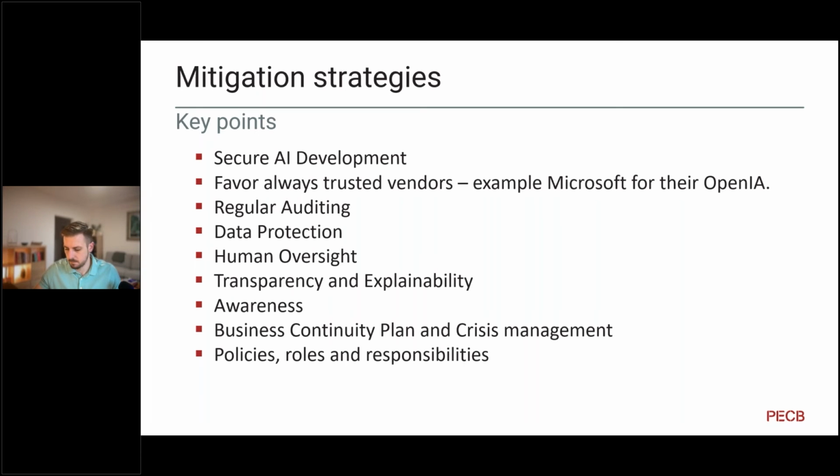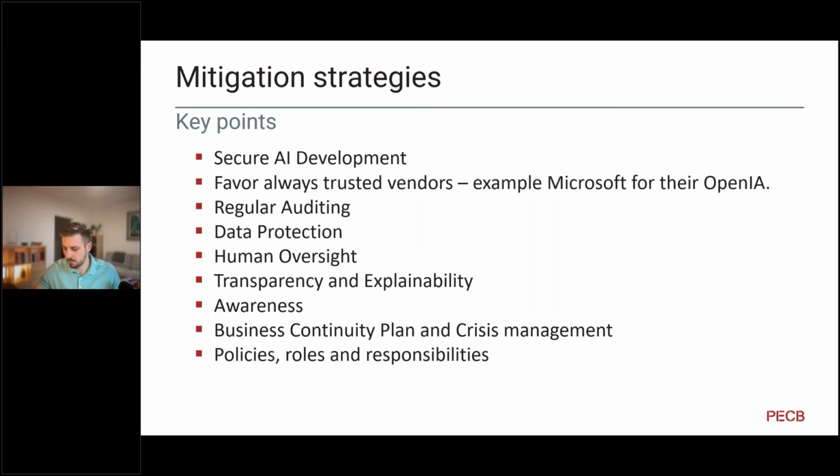For example, Microsoft proposes this kind of service with OpenAI, and they give you guarantees about some important topics as a security expert, such as confidentiality, localization of the data, and so on. So it will be a strategy to make people use your own application instead of shadow IT by themselves.